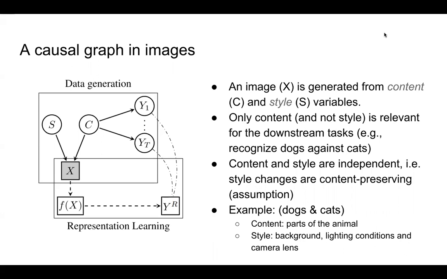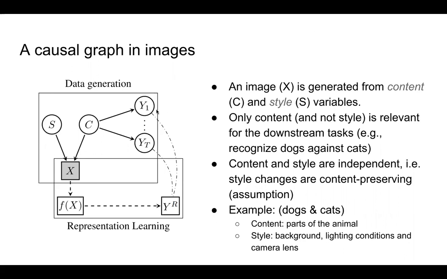The example is here: in the dog and cat example, the content can be some parts of the animal, like the head or body, and the styles can be maybe the background, lighting conditions, and maybe the camera lens.